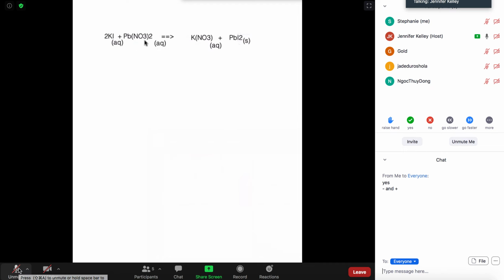So let's see, we want to make sure everything is balanced. So I think I need a 2 here. Yep, that's right. So a lot of times these questions will ask things like, is there a reaction?